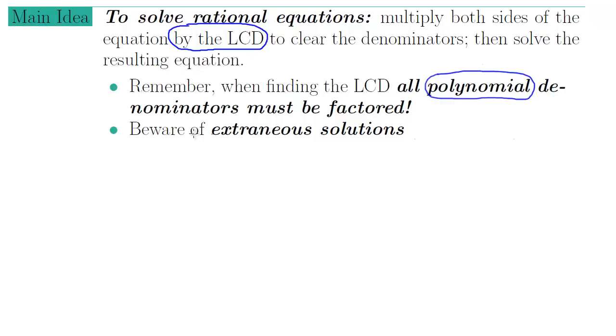And one last remark, be aware of extraneous solutions. Sometimes when you're solving rational equations, you'll get a solution that doesn't actually check out in the original equation. We'll talk about that in the examples.